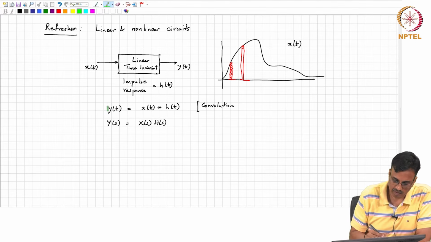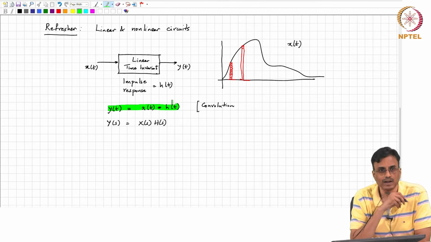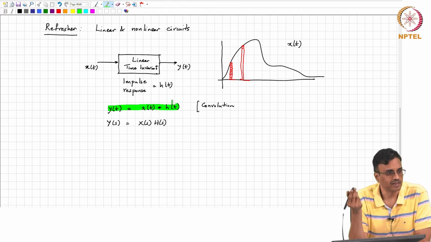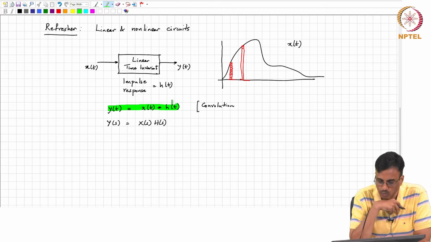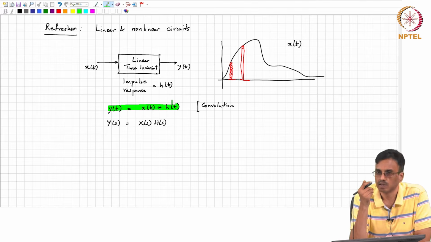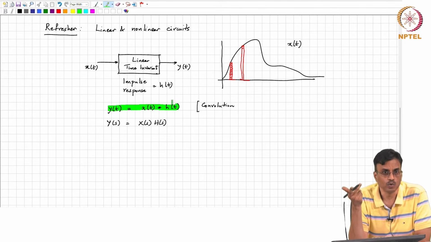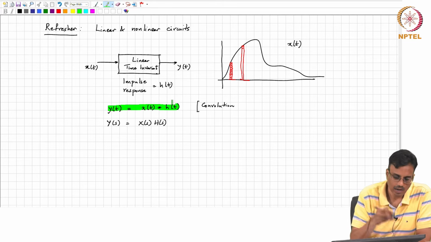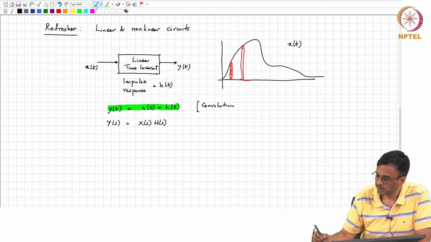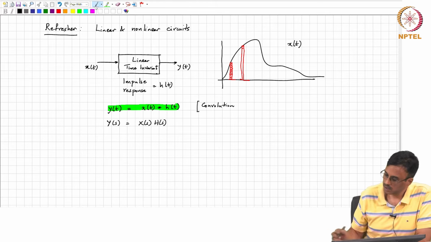So the transform domain tools become inapplicable, and therefore, the analysis of nonlinear systems and circuits is fundamentally more difficult to do than for a linear system.